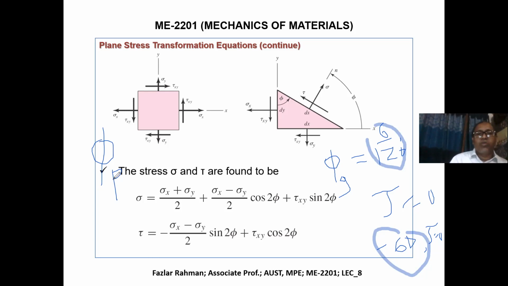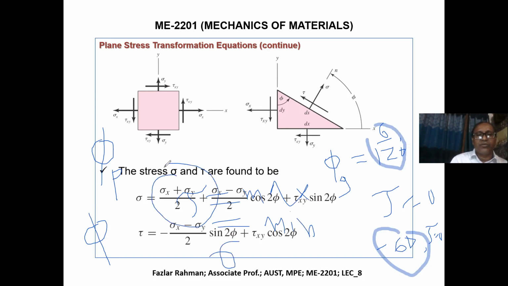Similarly, for an angle phi, you will get the tau value one time maximum, and for the same angle you will get tau equal to one time minimum. And sigma, you will get only sigma average, this one. Then that plane we will call phi s, that means shear plane.